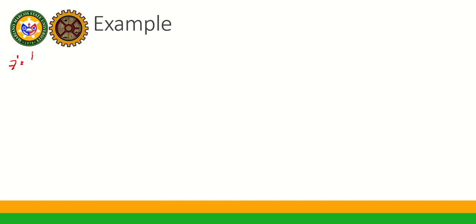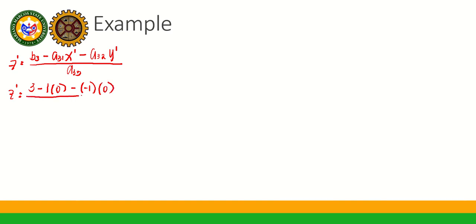So, z raised to 1 is b sub 3 minus a31 times x sub 1 minus a32 times y sub 1, all over a33. Okay? So, let's plug in the values. This will be equal to 3 minus a31, which is equal to 1, multiplied by x raised to 1, that is 0, minus a32, which is negative 1, multiplied by y raised to 1, that is equal to 0, all over a33.